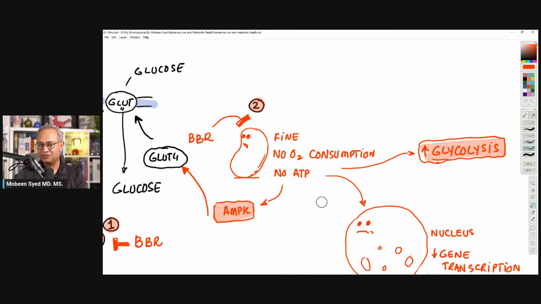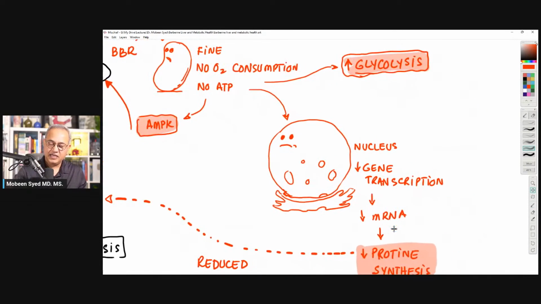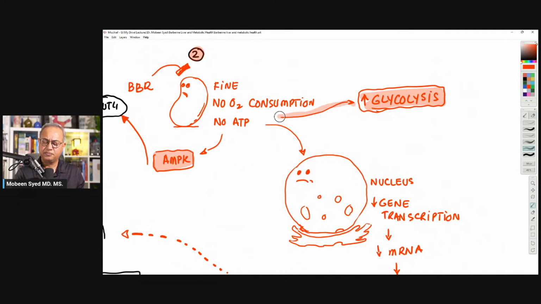Good. Berberine impacts the complex 1. The result is oxygen consumption reduces. ATP production reduces. When the oxygen consumption reduces and ATP production reduces, there are many things that happen. For example, one simple behavior.